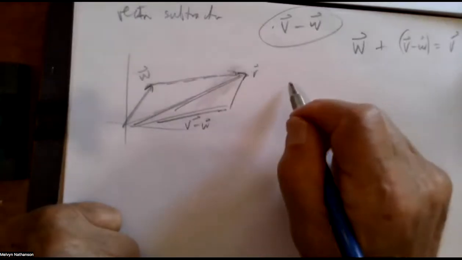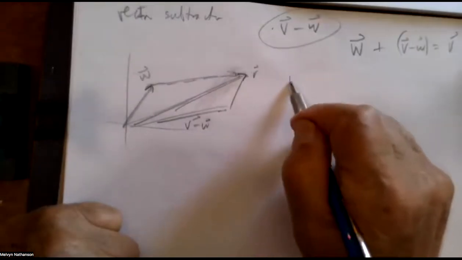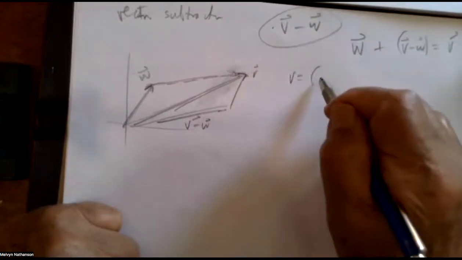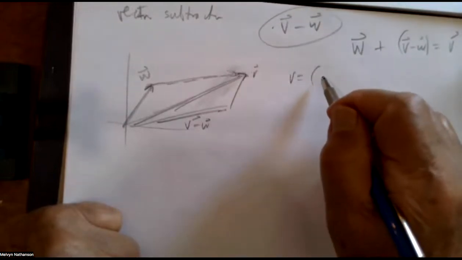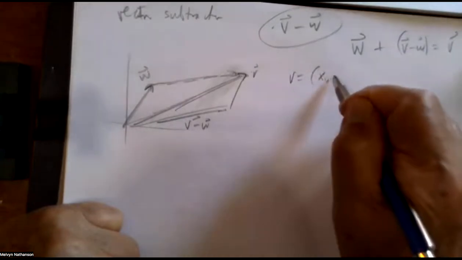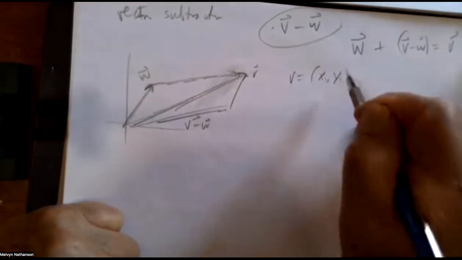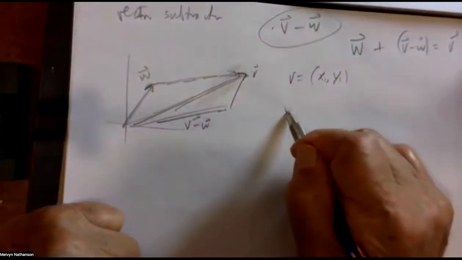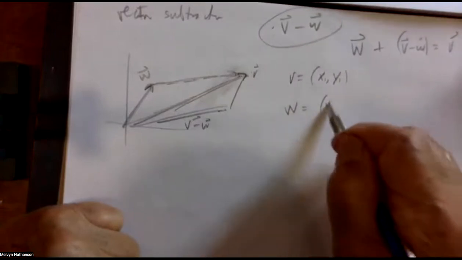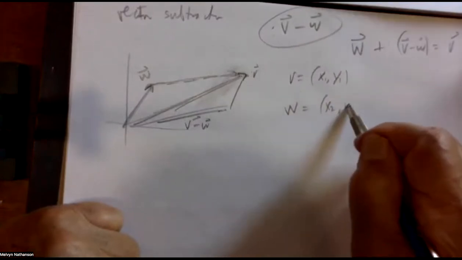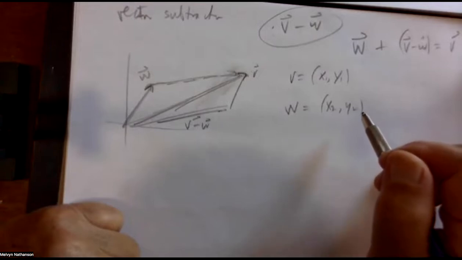So let's just write it like this for fun. Suppose V has coordinates x1, y1, and W has coordinates x2, y2.